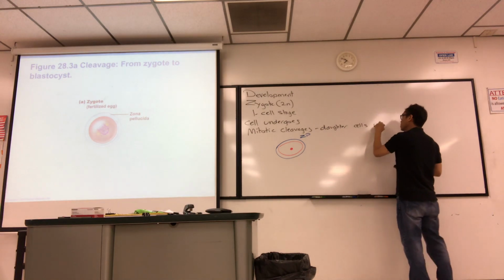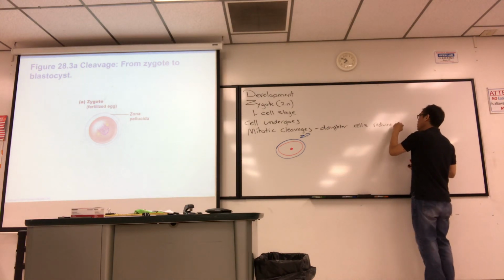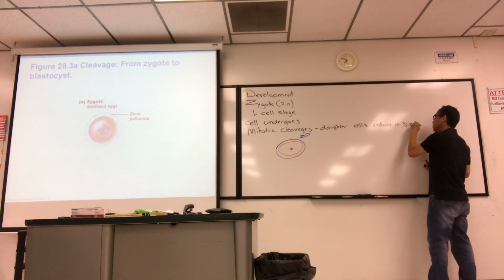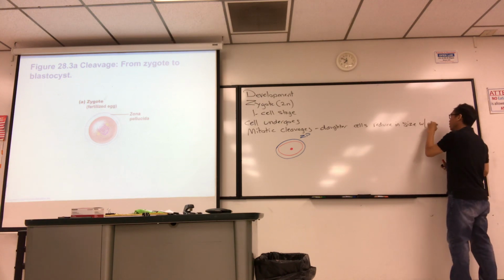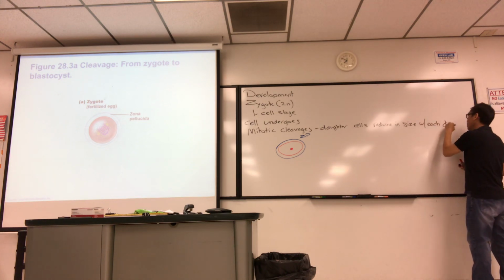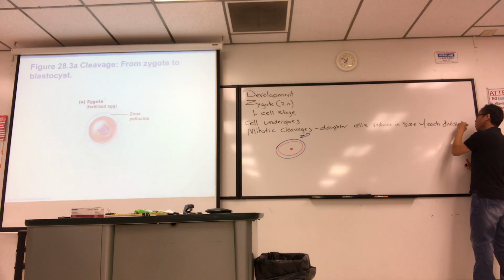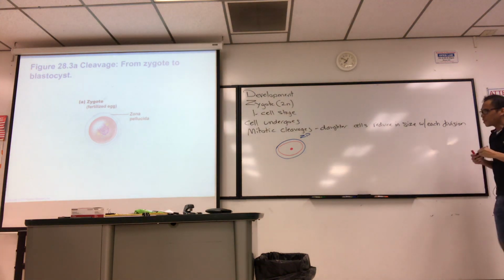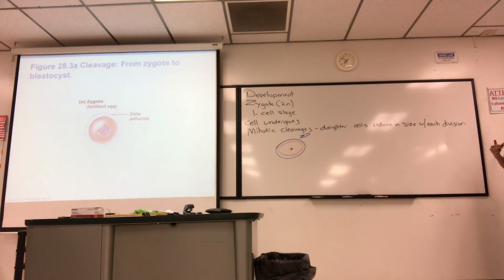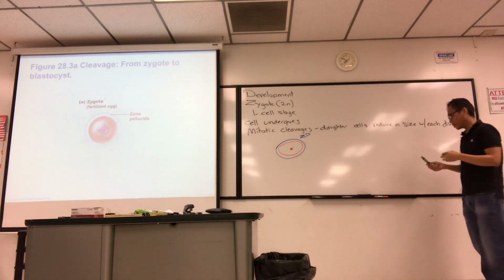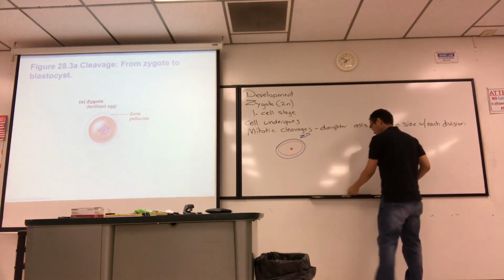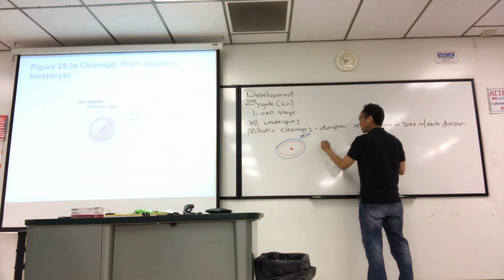And that's good. Smaller cells are easier to nourish. So if one cell becomes 2, ZP doesn't really change in size.